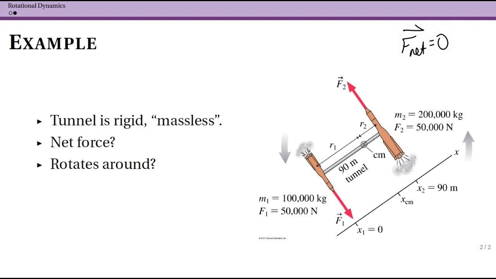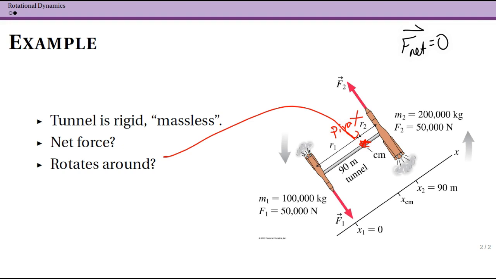In that case, if it is free to rotate around whatever it naturally rotates around, that's the center of mass. The center of mass is our pivot. So this is an important idea. If your object is free to rotate around whatever point it wants to, it's going to rotate around the center of mass. And when you're first setting up a calculation, you must identify what that pivot point is.